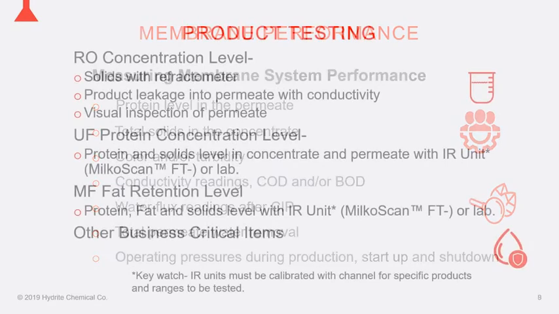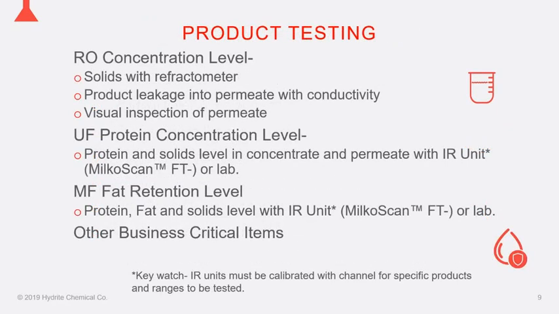Those kinds of things are what they'll look at on a regular basis and may notify you that you have an issue. Product testing, again, this isn't something necessarily that you do, but this is what at the plant level they'll be involved in. And for you is just to understand, these are some of the metrics or some of the things they'll be looking at. Of course, when operating our RO, we'll be measuring solids, typically the refractometer. They'll also be measuring conductivity of the permeate, just to see if they've got leakers.